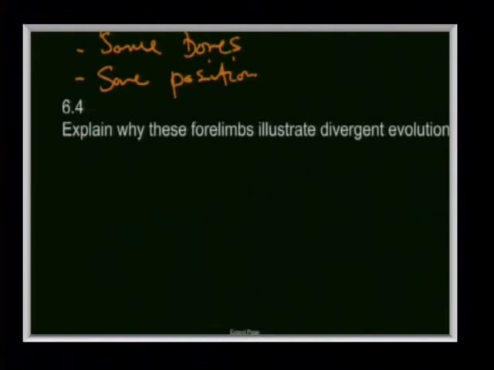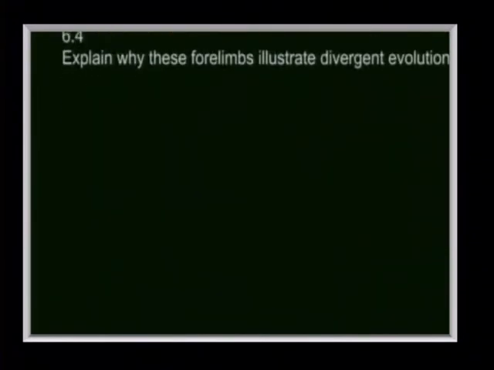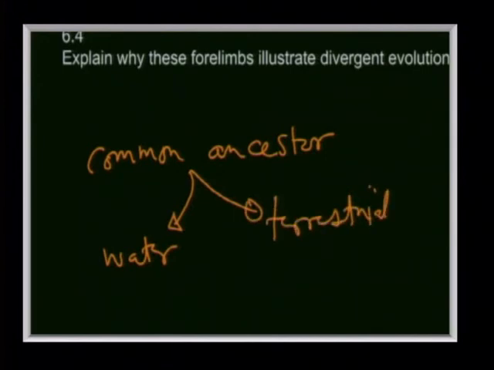Explain why these forelimbs illustrate divergent evolution. So, why does it illustrate divergent evolution? Well, because they have a common ancestor. So, from the common ancestor, you would find the basic structure, as I mentioned previously, with all the different types of bones, and then based on the environments, in other words, if you have an aquatic environment, a water environment, there will be changes. If you're in a terrestrial environment, that would also change.